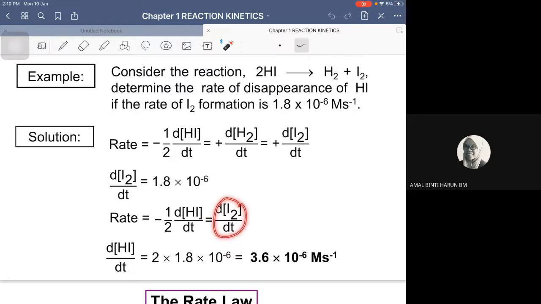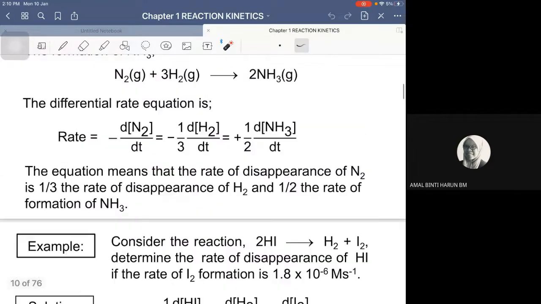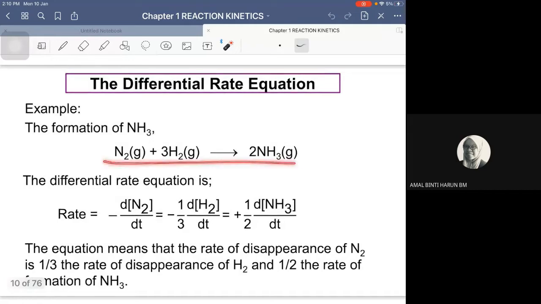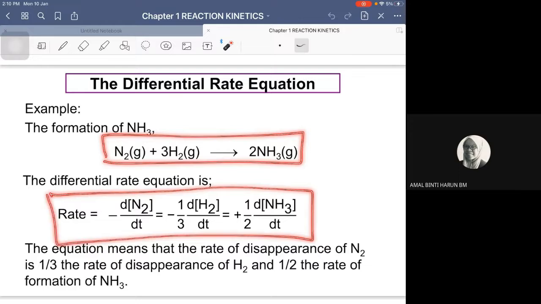Okay, this one given, we just substitute. Yang kita nak cari rate of disappearance tu refer yang ini sahaja. So you bring here. Okay. So you dapatlah 2 times 1.8 equal to this one. Okay. Tadi bila kita daripada equation ini kita transform dia kepada differential rate equation.